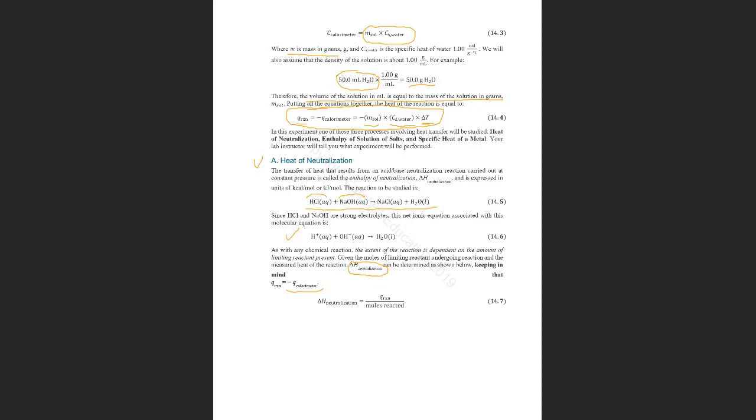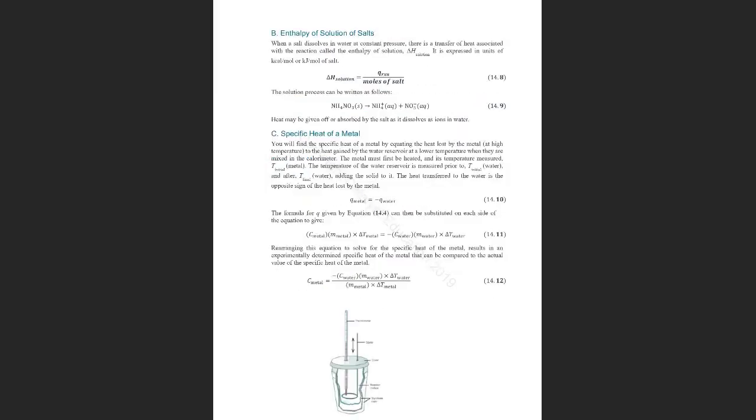So all we have to do is calculate the number of moles. We have the concentration of the hydrochloric acid, and we have the volume of the hydrochloric acid. So if we multiply the two, we're going to have the moles of hydrochloric acid that reacted. We'll go over it later, but this is just something in advance.